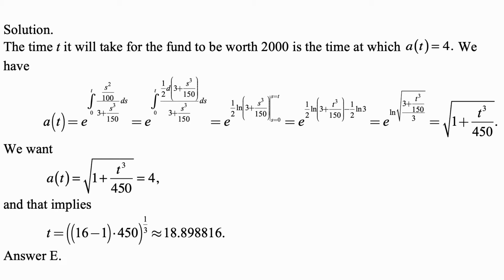Of course, the difference of logarithms is the logarithm of a ratio, so this becomes e to the ln of the square root of 3 plus t cubed over 150 over 3.